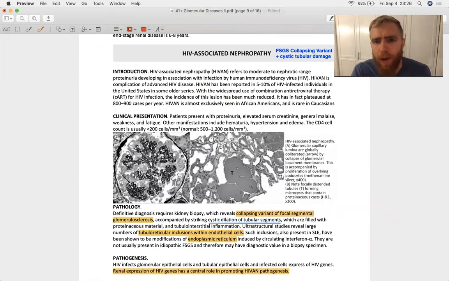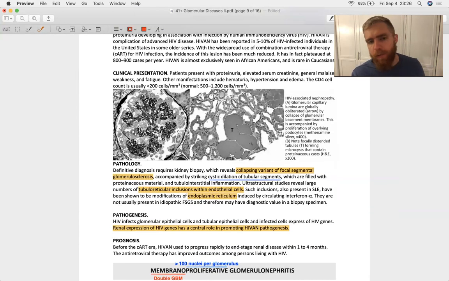HIV-associated nephropathy, understand it's the glomerulosclerosis collapsing variant, and you're going to see some cystic tubular damage as well. So understand we've got a glomerulus and then we've got a renal tubule, and combined they make the nephron. And so if you don't have glomerular injury, you got tubular injury. And so cystic tubules that get swollen with protein.